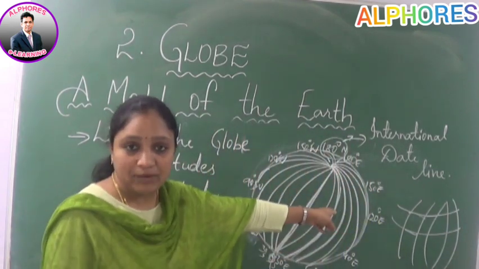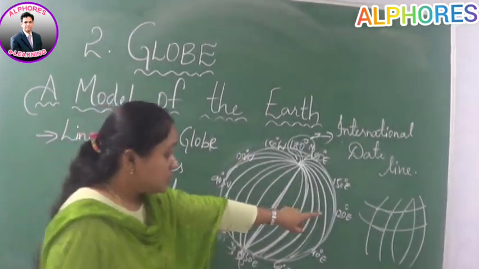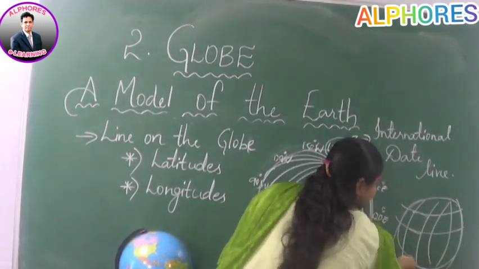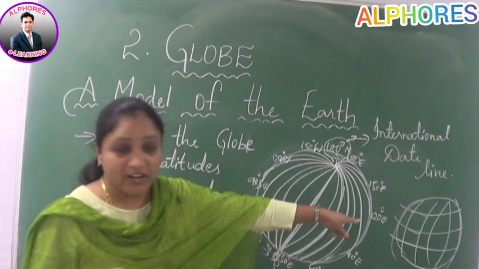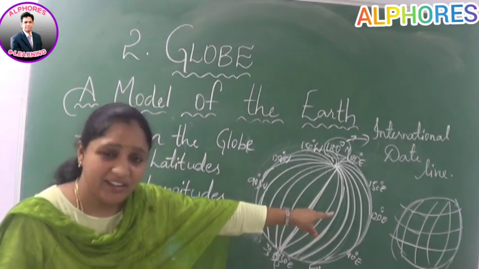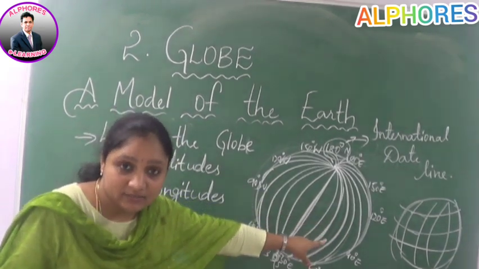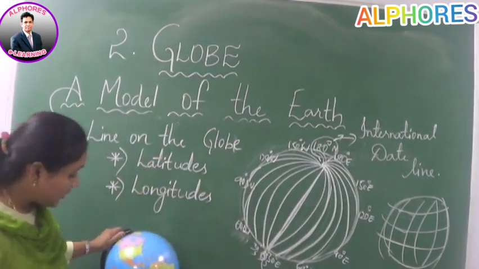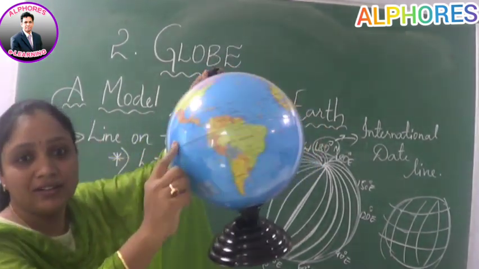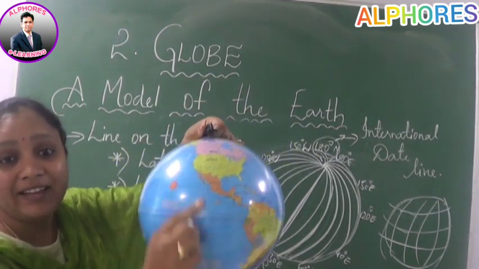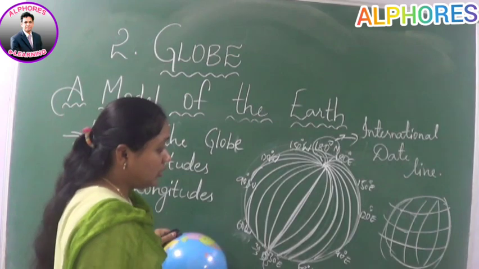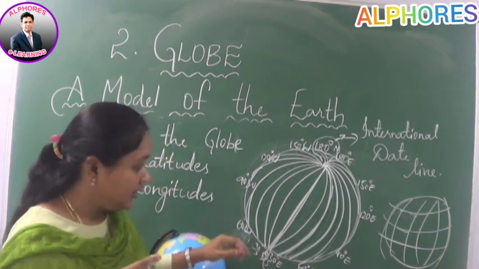This kind of box looks like a net. So when we join these two kinds of lines together on the globe, on the earth, it looks like a net-like structure. But regarding these grid lines, we will be learning next year.